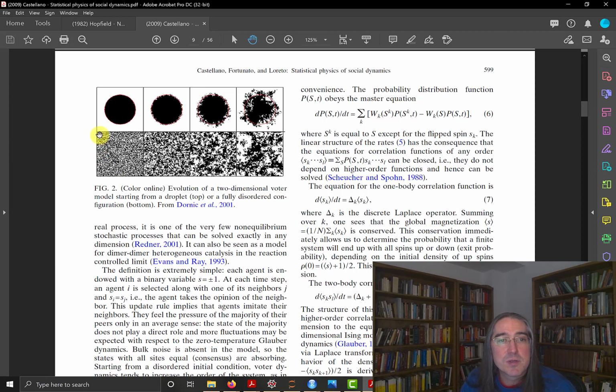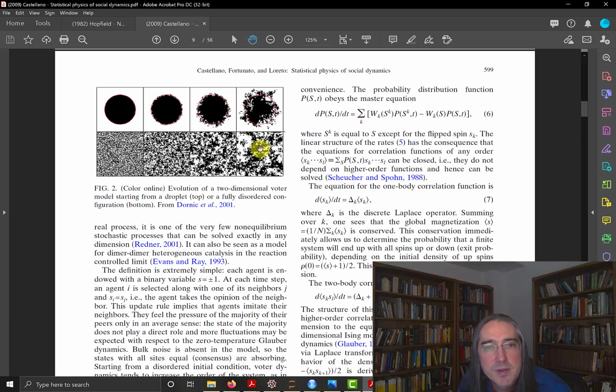If instead you start with a completely disordered state, so homogeneous in the sense that it's perfectly mixed, the two opinions, you'll see over time something that looks kind of like what happened when we ran the Metropolis algorithm for the Ising model near the critical point, where you can start with pure disorder, but slowly you get this sort of formation of domains, and the domains may be on different scales, right?